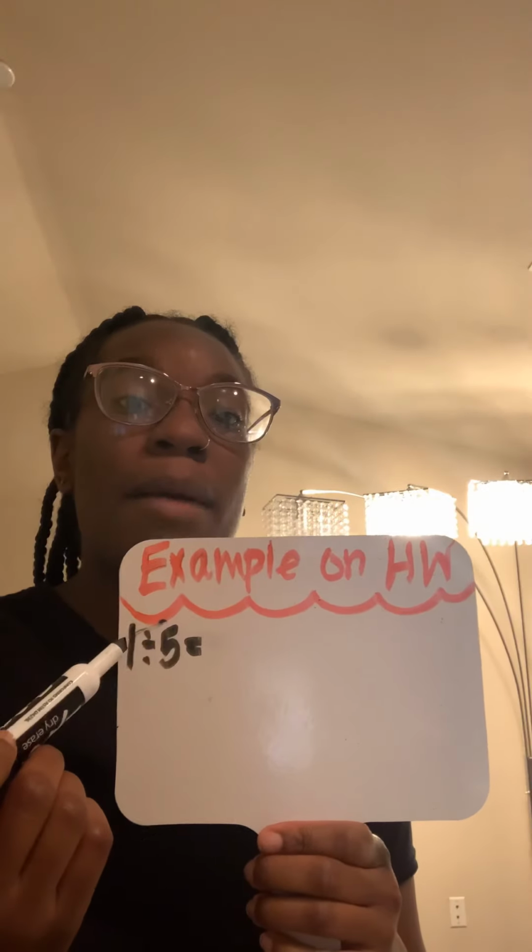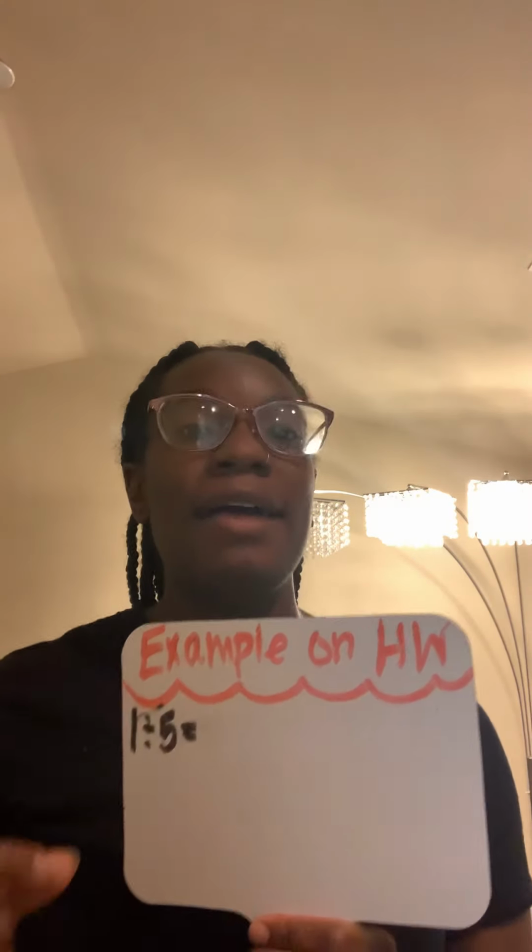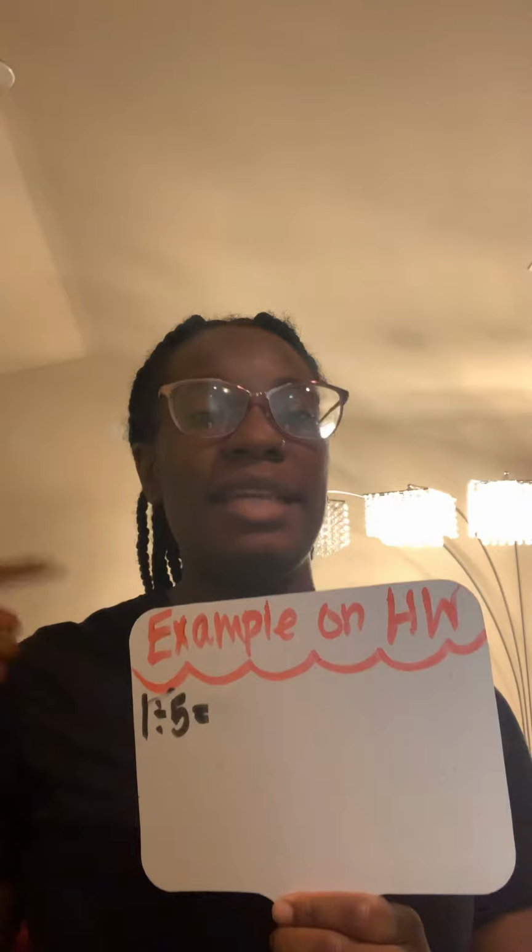So our first problem, we've got 1 divided by 5. And the one thing I need you to know and remember is that we've got to use diagrams or pictures to model in order to help us understand how we're getting to our answer. All right?